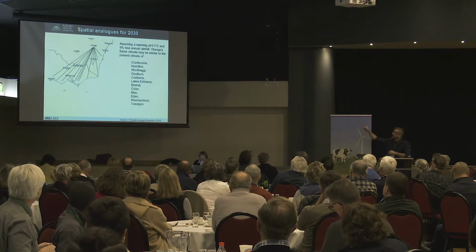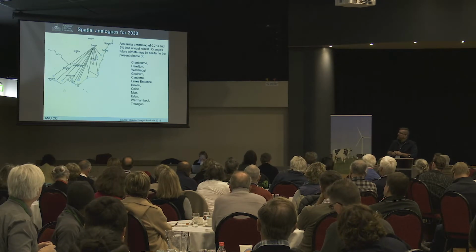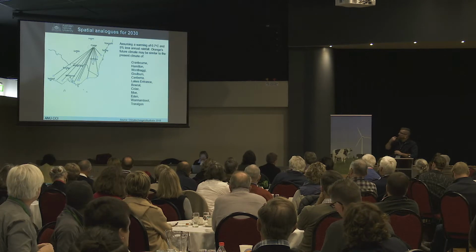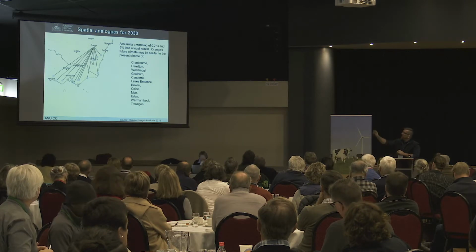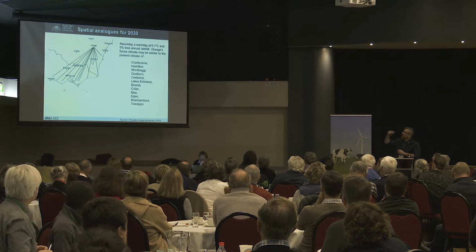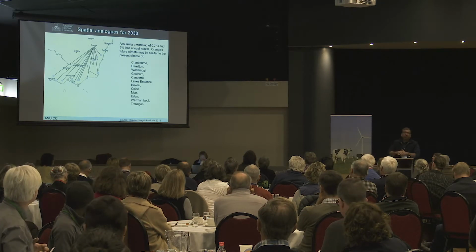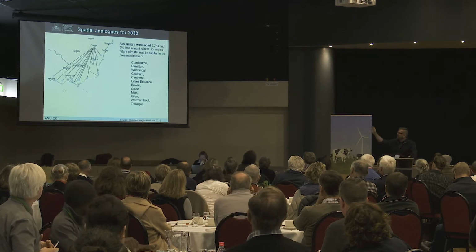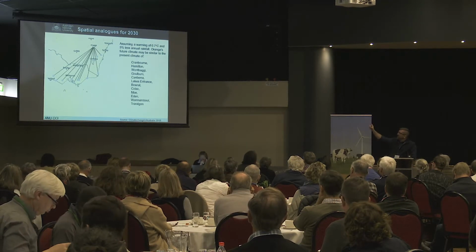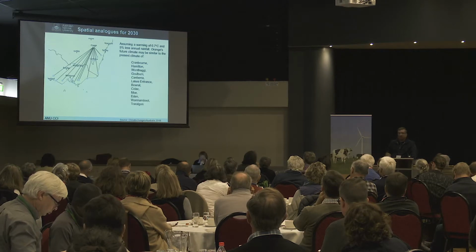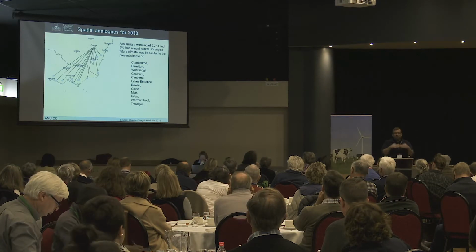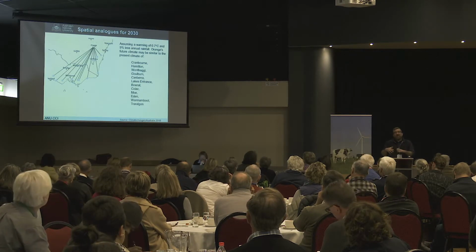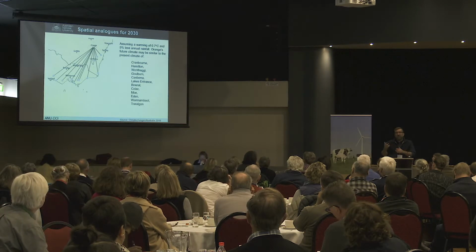This is the exercise that I did using that particular tool, the spatial analogues tool. If you increase Orange's temperatures by 0.7 of a degree and reduce annual rainfall by 5%, you can see that the locations on that list are areas that have that sort of climate condition now.